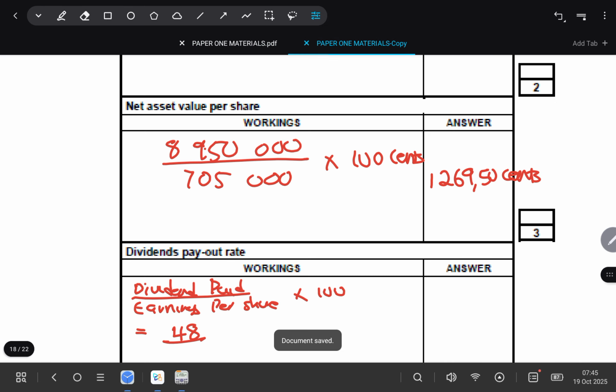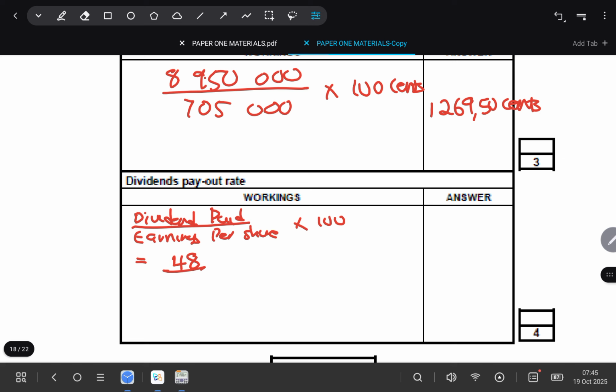So when we do our payout rate, we're going to say 48 divided by 204.14, and then we multiply by 100. It will give us the rate that was paid. Okay, so you are going to say 48 divided by 204.14 multiplied by 100 is going to give you 23.51%. I hope this makes sense.